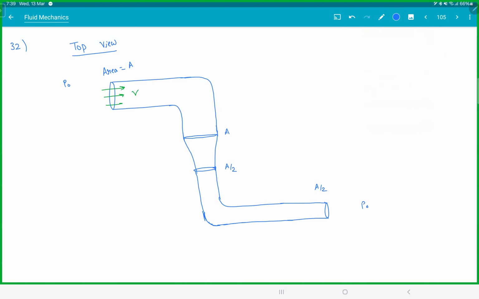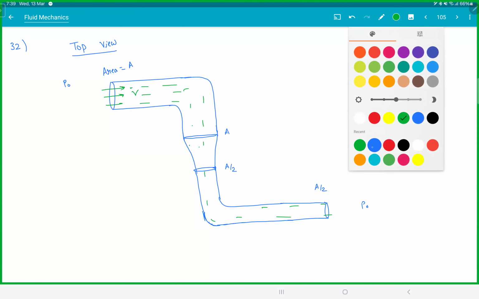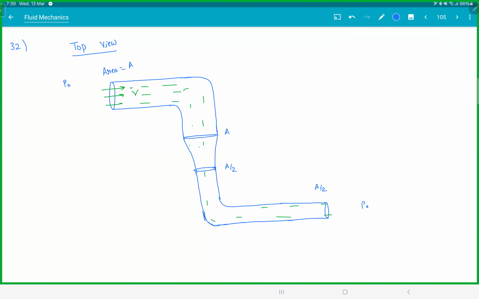So the question is, now if the liquid is flowing through this, find the tendency of this Z shape thing, in which direction will this move? Because the liquid is flowing, this will try to move and this will try to rotate.